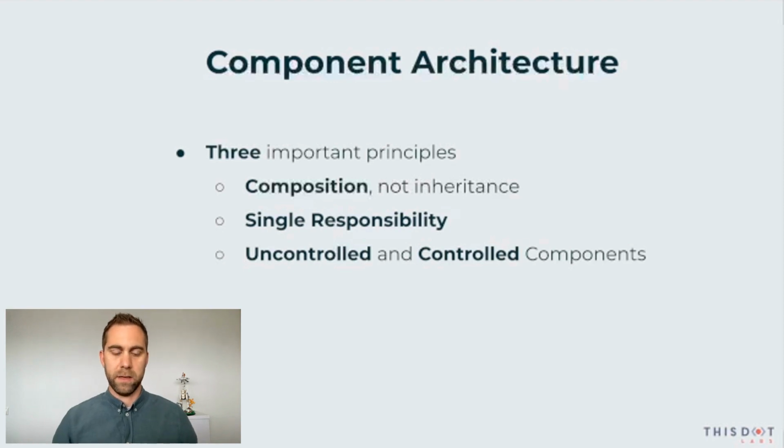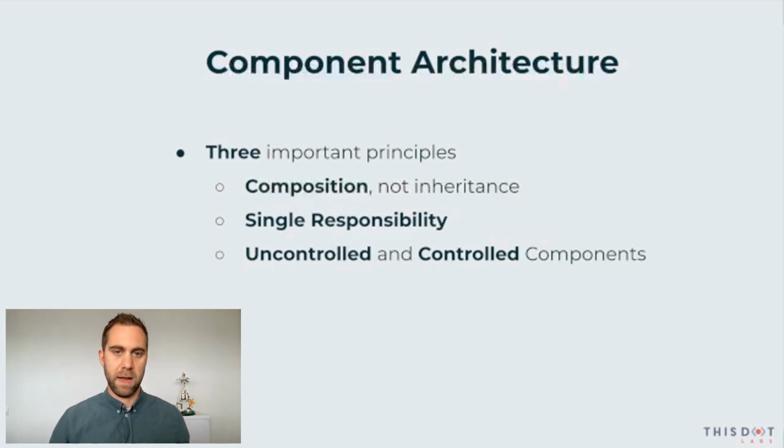But the fact that we do not have inheritance in React at all, I'm just going to focus on the composition part. Then there is single responsibility, which means that each component should do one thing and it should do it well. Finally, we have uncontrolled and controlled components, which is a very important aspect of building components.